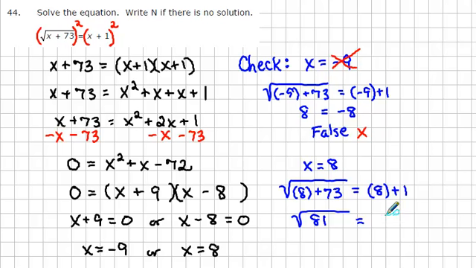And 8 plus 1 is equal to 9. The positive square root of 81 is 9. And so we end up with 9 equals 9, which is a true statement.